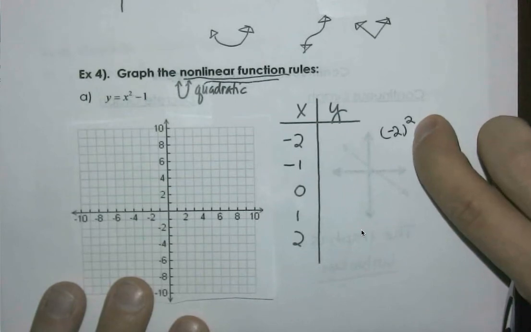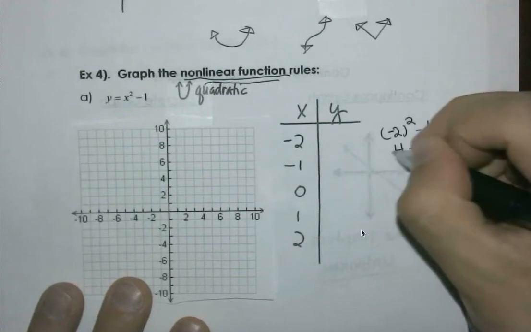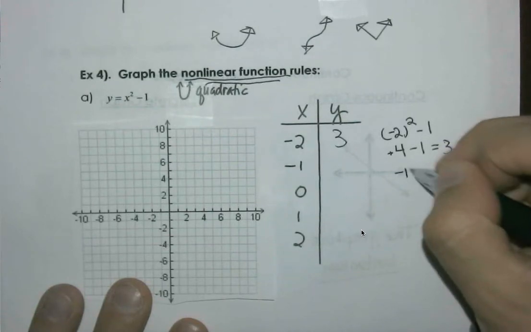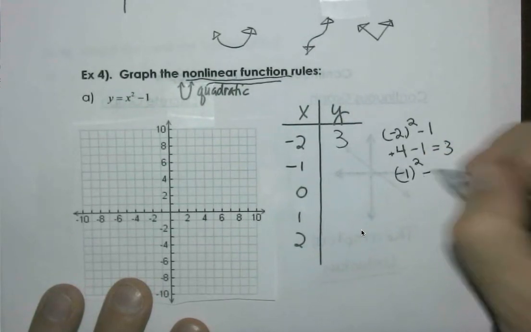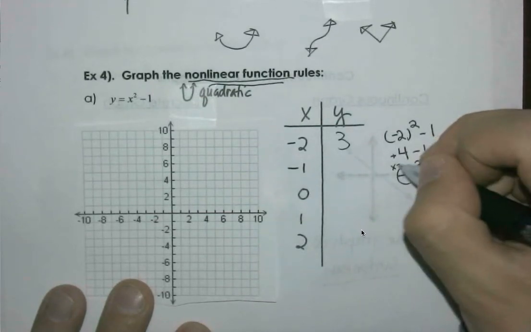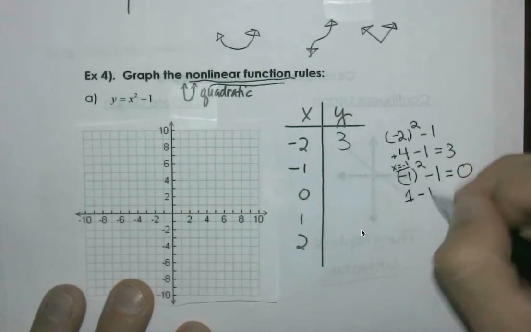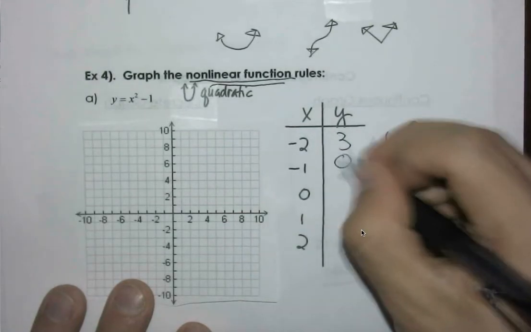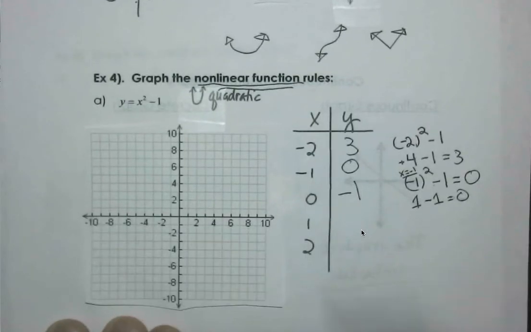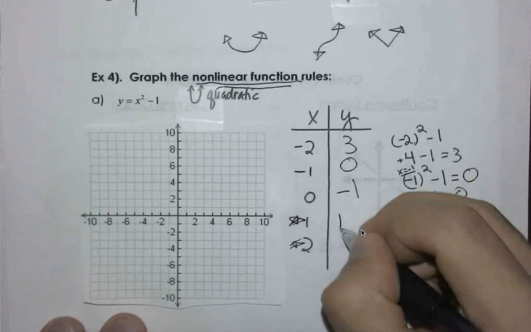Keep in mind they're both negative. Should be saying really 4 minus 1, positive 4 at that. So this outcome's 3. Do the same thing for when x is -1, but this outcome's going to quickly say 0. If you're not convinced, -1 times -1 is going to be +1. 1 minus 1 gets you 0. Fill in the rest. I'll give you a moment to try these next two while I'm graphing these, where x is 1 and x is 2. What are these outcomes going to be?